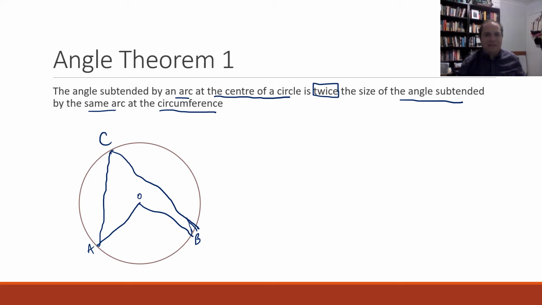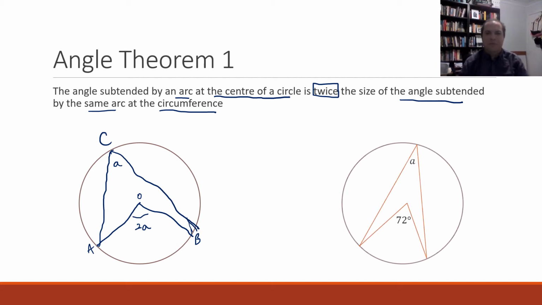So let's say the angle at C is A degrees. In the center, this angle here will be 2A degrees. It'll be twice the size. All right, let's look at that in an example. Let's say this angle here at the center is 72 degrees. So what must the angle at A be? Well, using this theorem, we know that 2 times A must be 72 degrees, using the angle at center theorem.